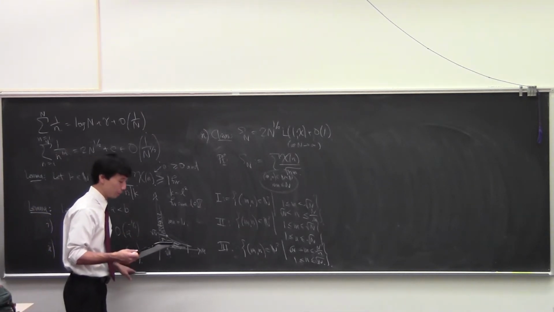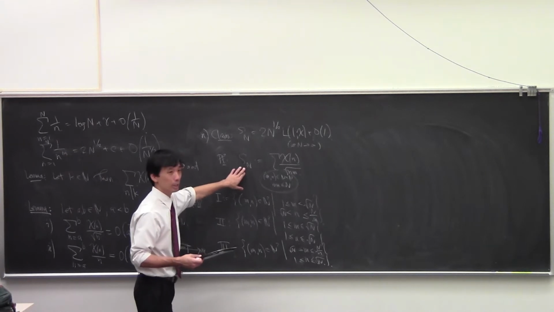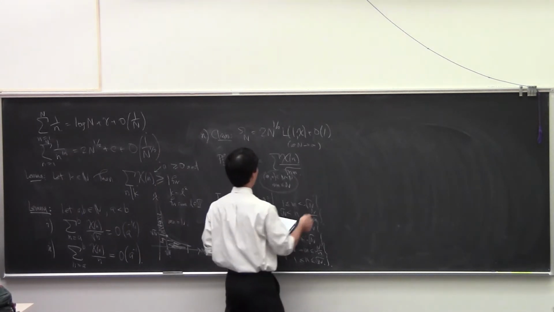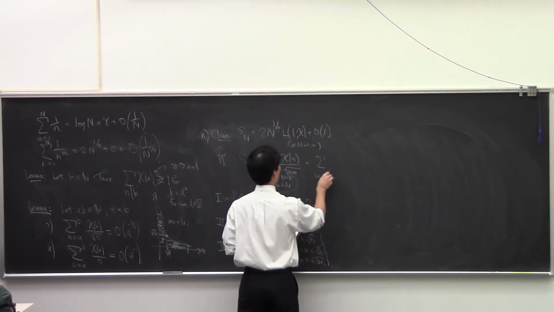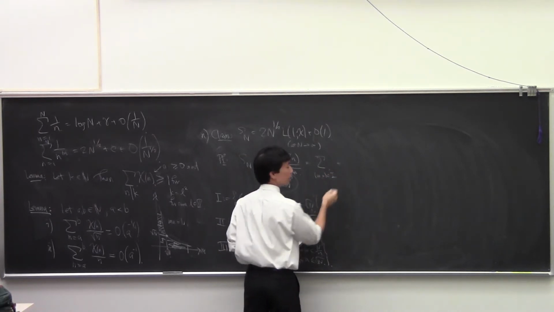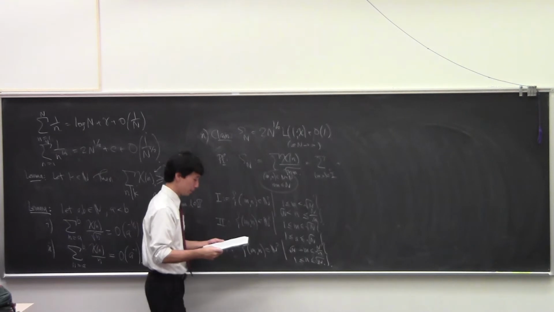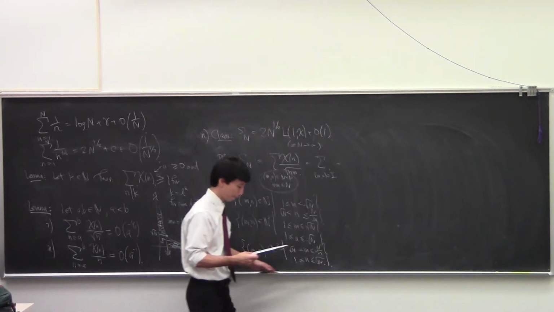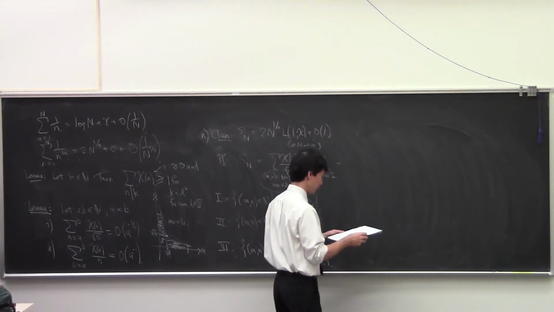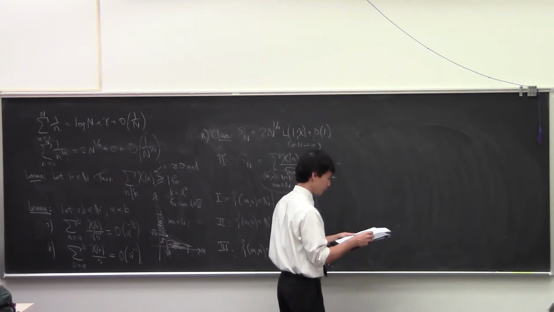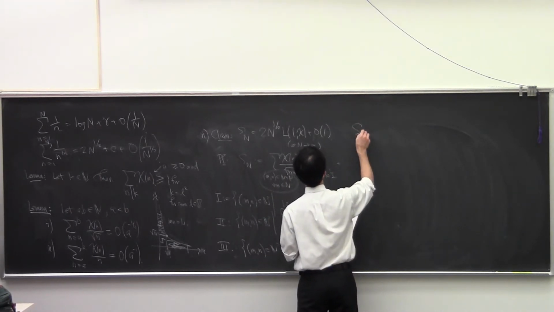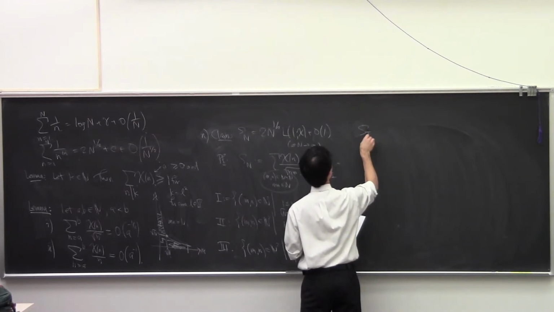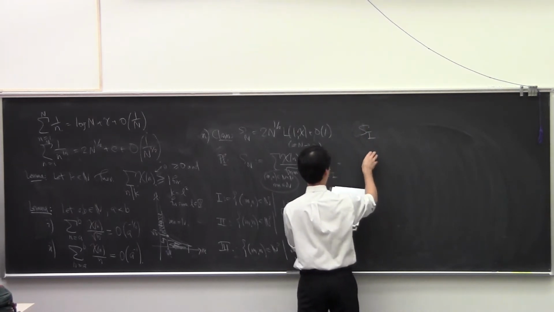So we're going to break this sum into the sums over regions 1, 2, and 3. Let's deal with S1, the first sum, first.